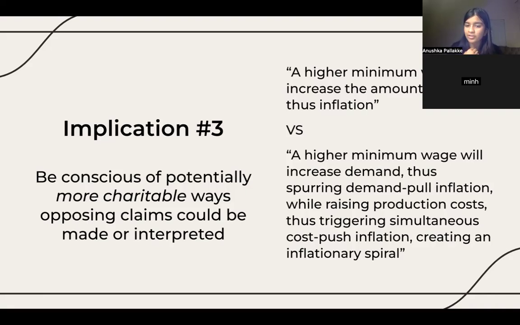This would trigger simultaneous cost-push inflation and create an inflationary spiral. So you see how, one, this argument has a lot more substance, and two, it shows you why you're having more inflation, and it addresses all the different responses your opponents could make to this argument and preemptively hits them.